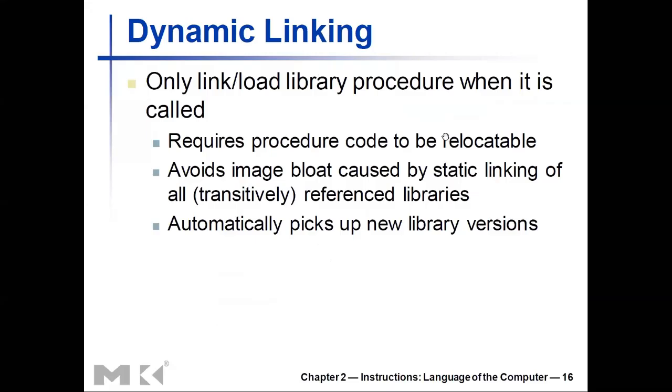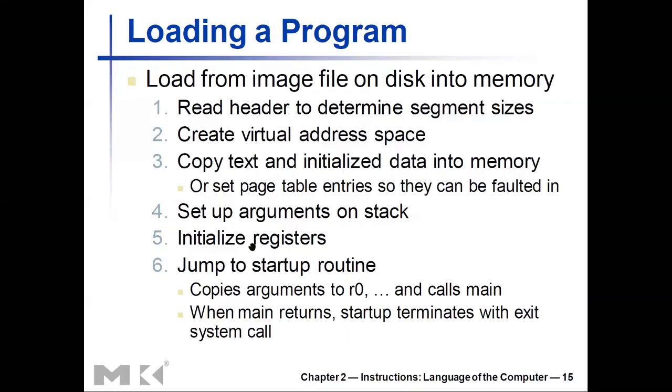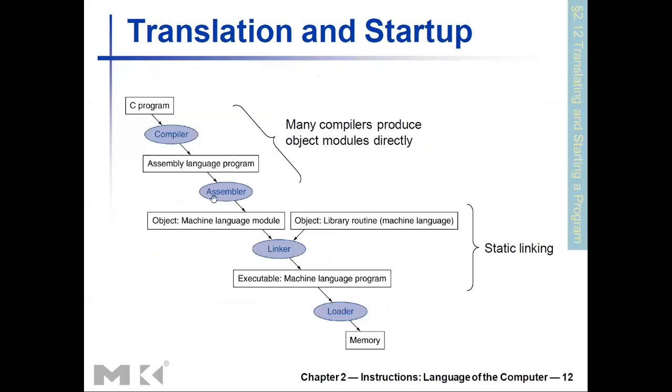In static linking, if you remember, in the linker stage we first got our machine language module corresponding to our program, and then the library routines compiled into machine code, and then we link them statically. That is, you combine these two together and produce a single executable that contains all these implementations.